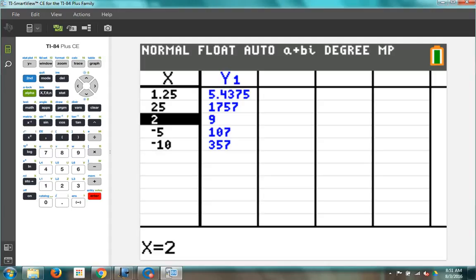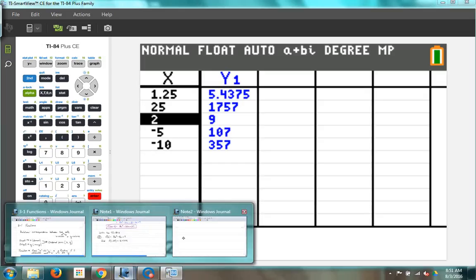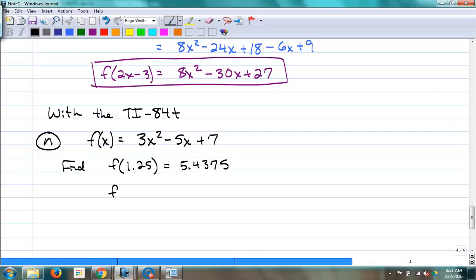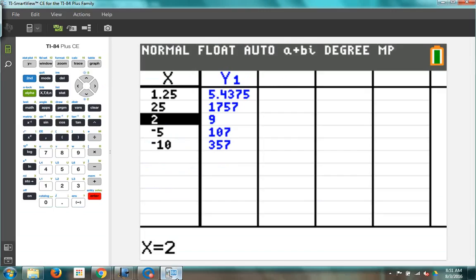So like, if I needed to find f of 26.07, that's a weird number. It's not something I could quickly do in my head. I could type that equation into my calculator, go to y equals, and go to the table and do 26.07.